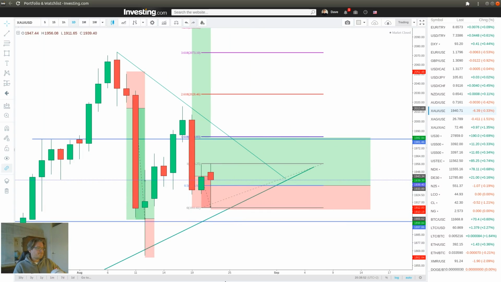So I'm looking to get back in at this level, around $1,934, and then place my stop below this long wick, and then see if we can go higher.